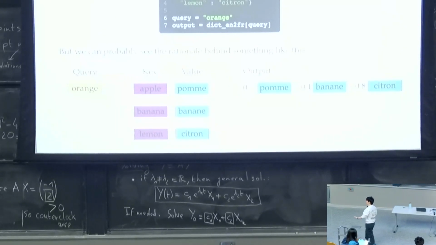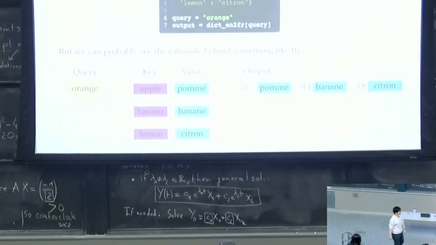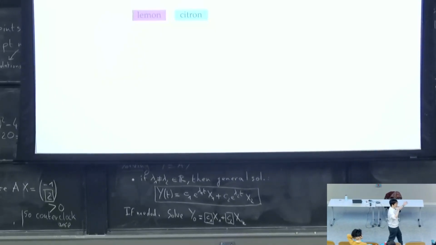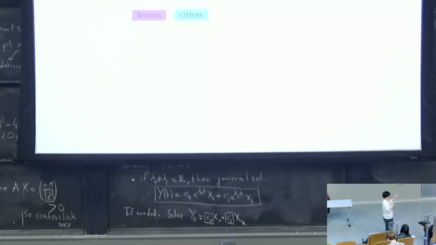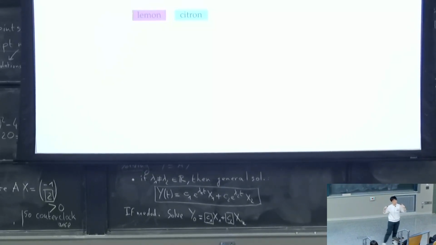And you and I would nod to this somewhat messy idea because we think of these English and French words not in terms of their characters as Python would, but rather in terms of their meaning.